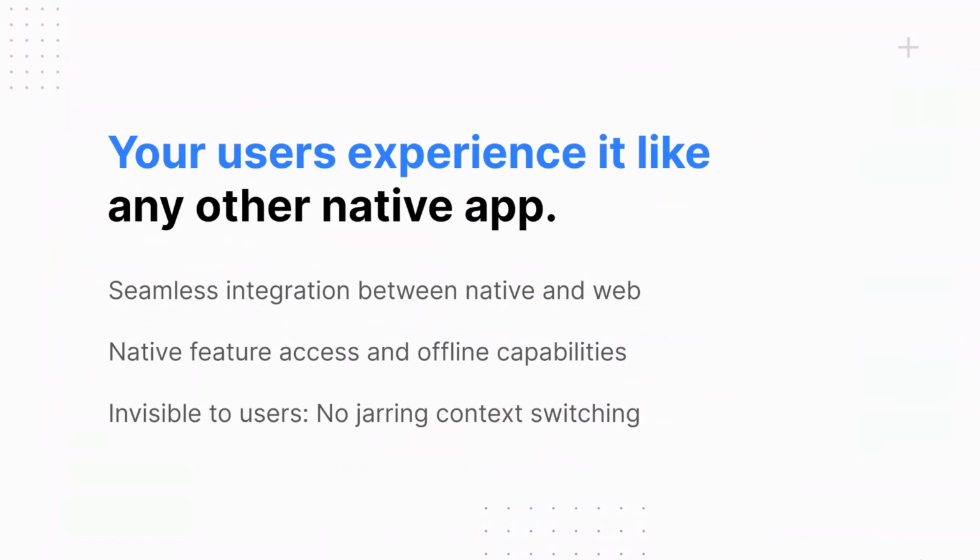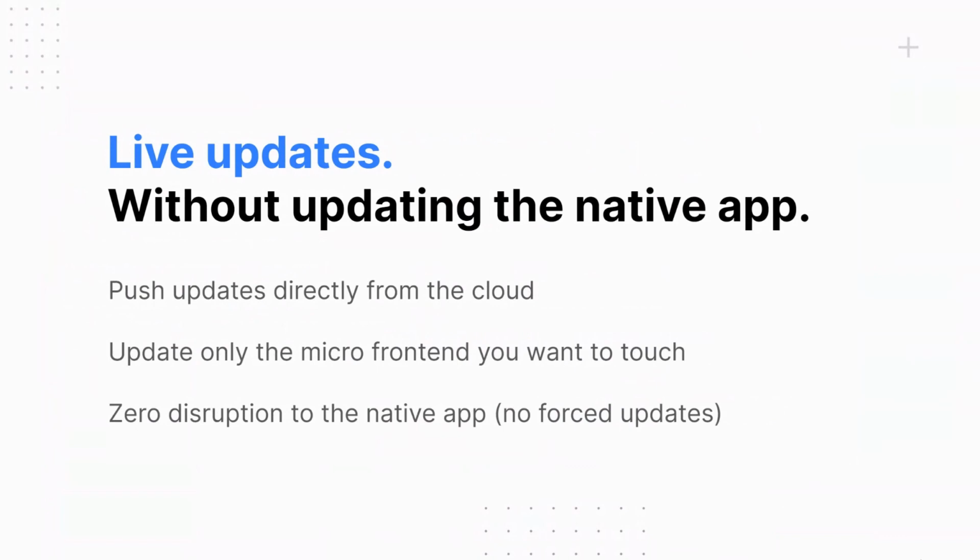It's invisible to them when they're accessing any of these multiple front ends that are embedded in the native mobile app. So you don't have any jarring context switching or glitches or anything that'll stand out that'll make the app just not feel right in their hands. And again, you still have access to all native features, offline capabilities that are much easier to work with, and more. And a note on live updates, as I mentioned.